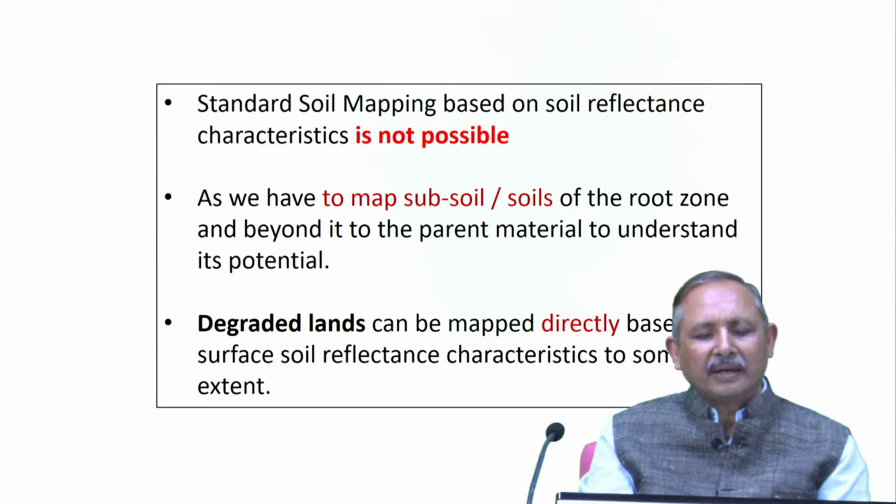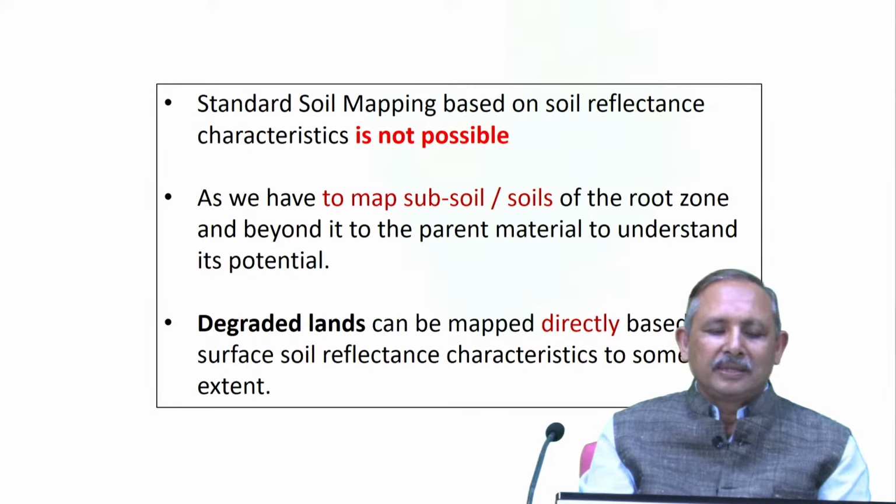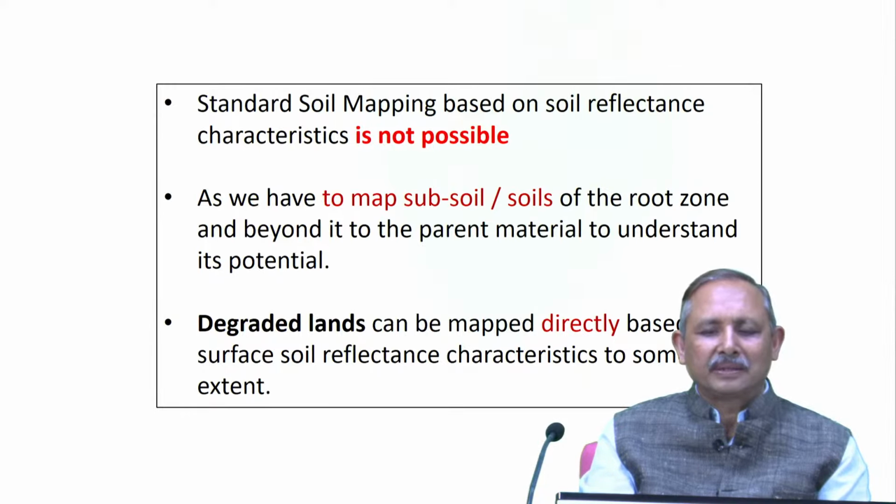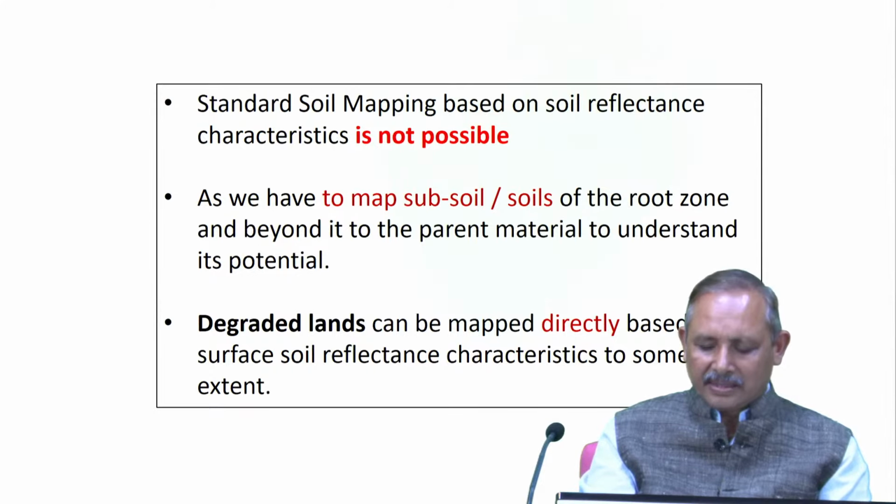But in degraded lands, the surface of the soils gets affected, and they give very peculiar spectral characteristics, and I can say this can be directly observed by the surface reflectance and can be mapped. So in general soil mapping, we cannot map directly based on reflectance, but in degraded soils we can map directly based on the reflectance characteristics.